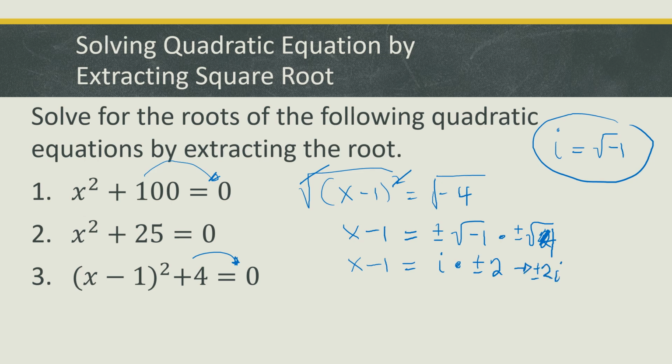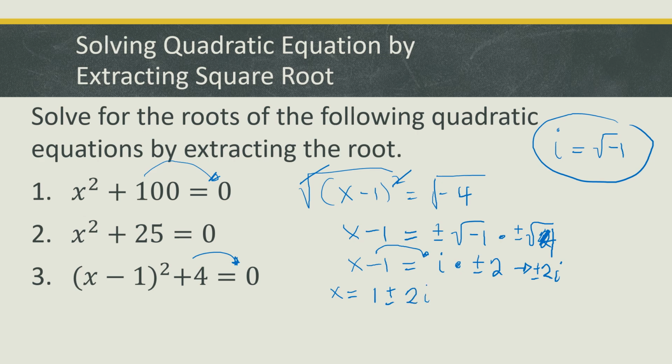Okay, so since now we have here x minus 1, transpose minus 1 to the other side. That is x is equal to positive 1 followed by positive and negative 2i.